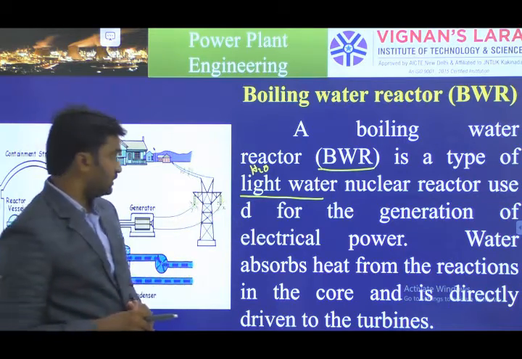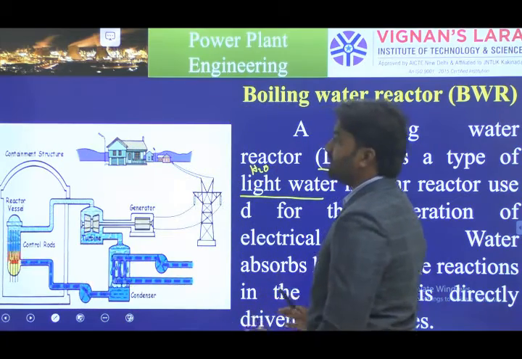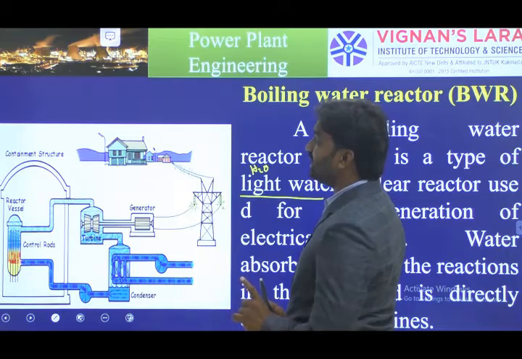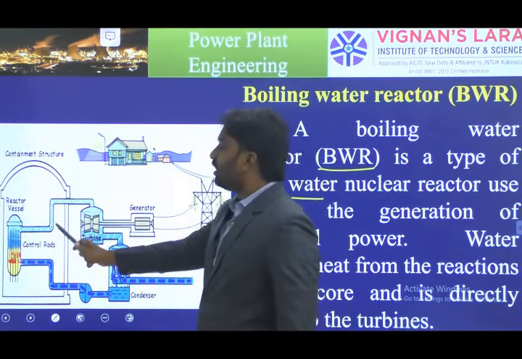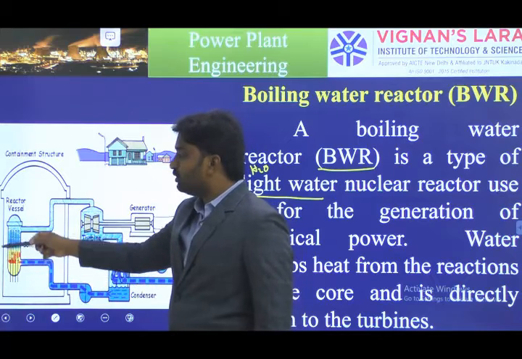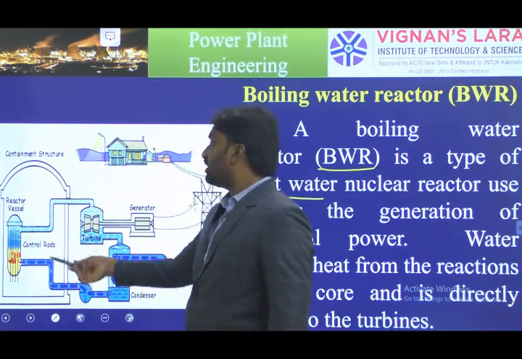If you see this diagram, what are the components of the nuclear reactor here? The main important component is the reactor vessel. In this reactor vessel we place the fuel rods and control rods.